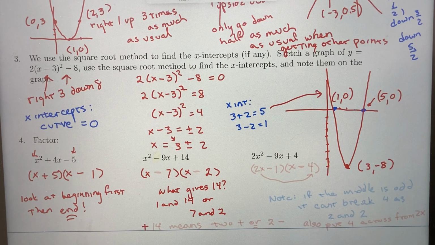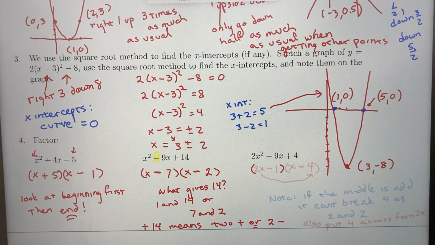So positive 14 means 2 plus or 2 minus. And since the middle is negative, we need 2 minuses. So minus 7 and minus 2.